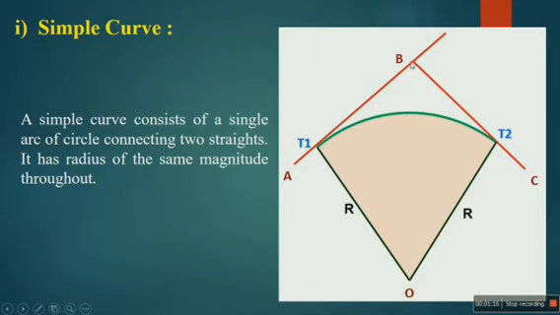They meet at one point, so smooth movement of the vehicle is not possible at this point. That's why a curve is provided from one straight line to another, and the radius of this arc is the same from this origin. This type of curve is called a simple curve.